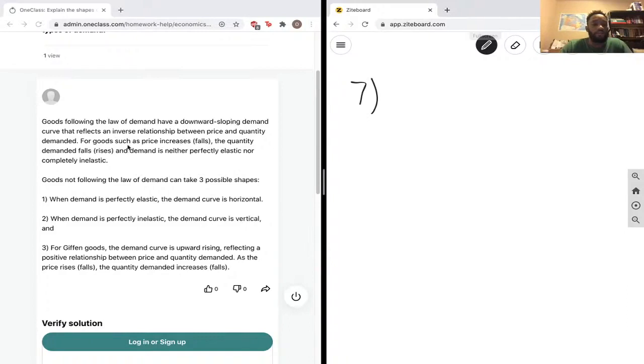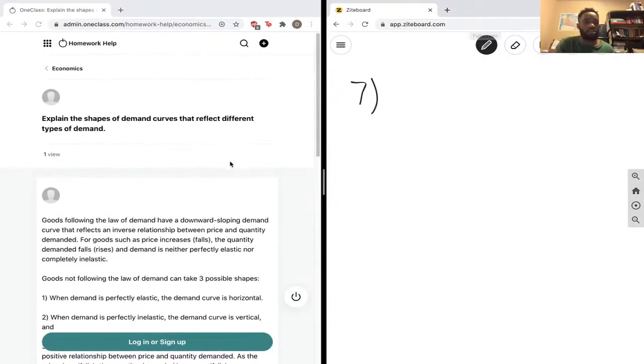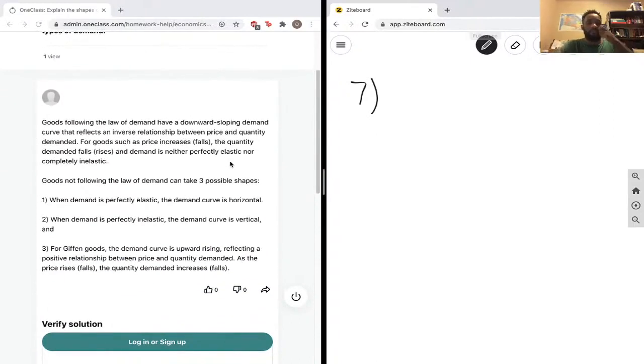For goods such as these, as price increases, the quantity demanded falls, and demand is neither perfectly elastic, nor completely inelastic. Goods not following the law of demand can take 3 possible shapes.